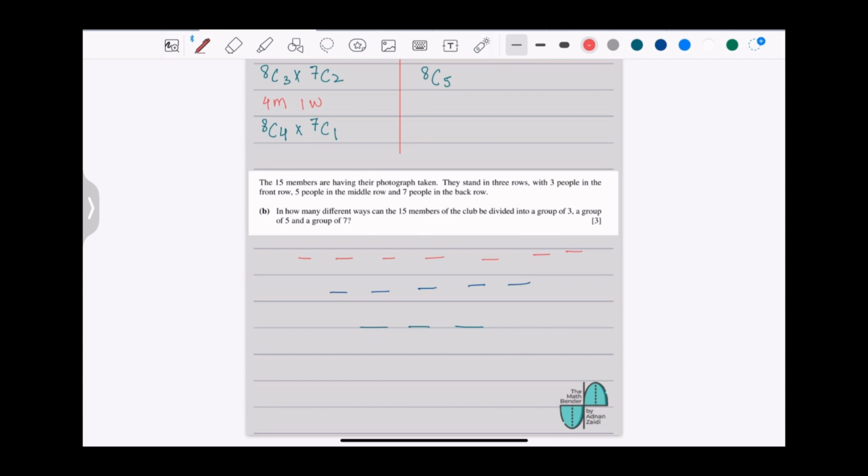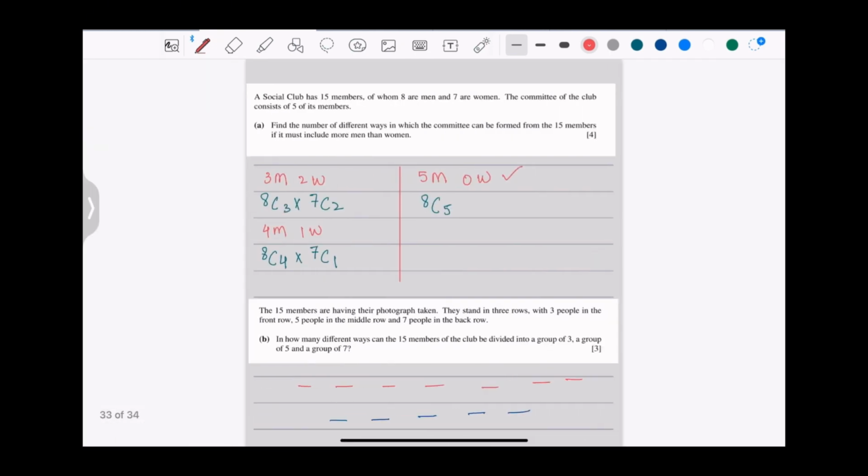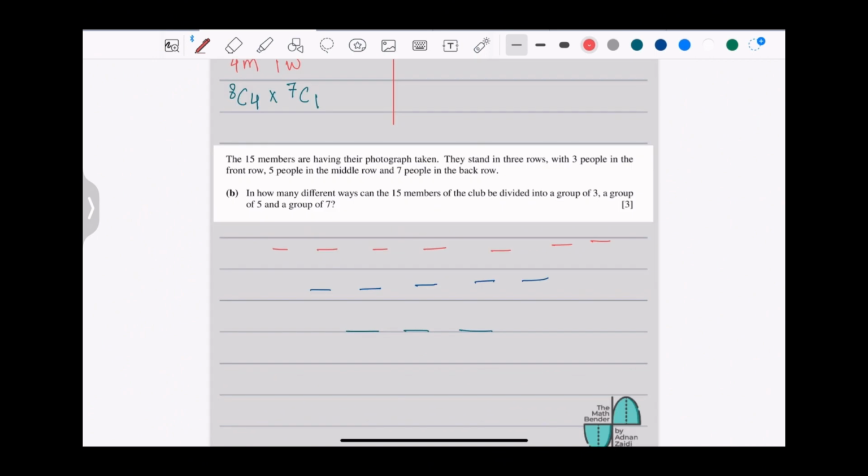So in how many different ways can 15 members be divided into groups, and there's no restriction here.